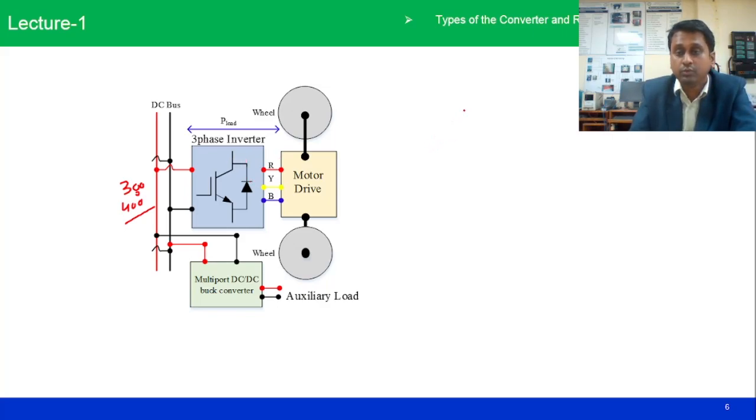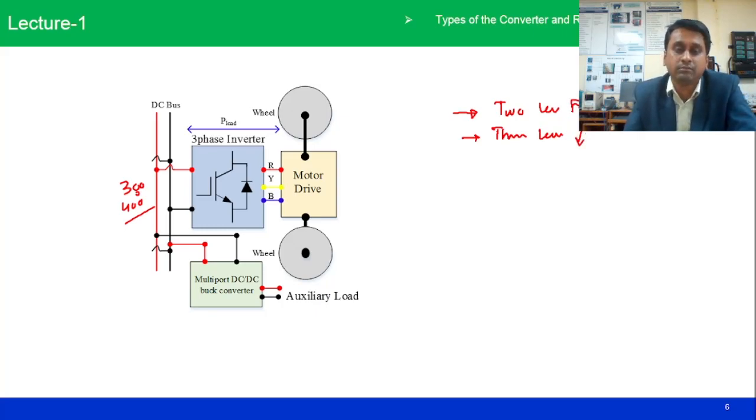There are two sections. Either it is a two level system, let me write two level system, or it can be a three level system. If it is medium power, in the range of less than 10 kilowatt, then this can be operated successfully.